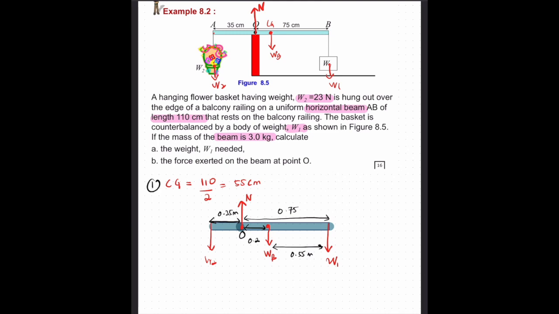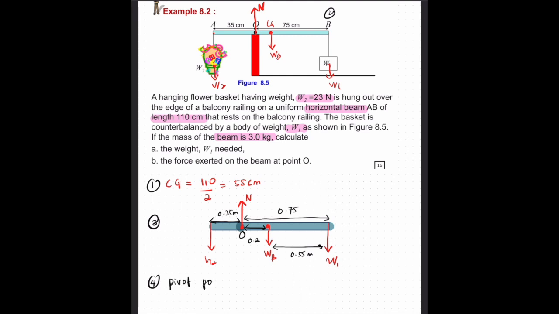First, find the CG and draw the weight of the beam. Second, draw the free body diagram of the beam. After that, the fourth one is the pivot point.